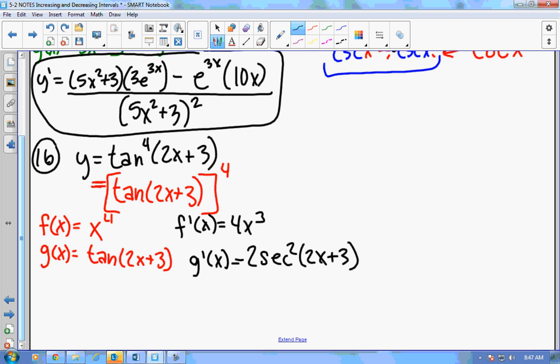Okay, so our y prime, how's it go? Chain rule. F prime with the stuffing g of x.